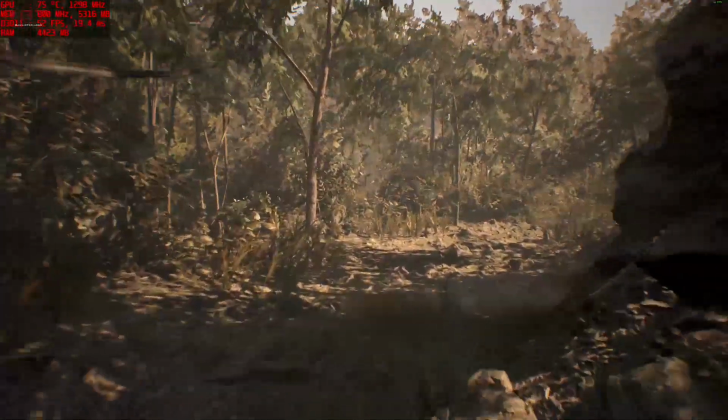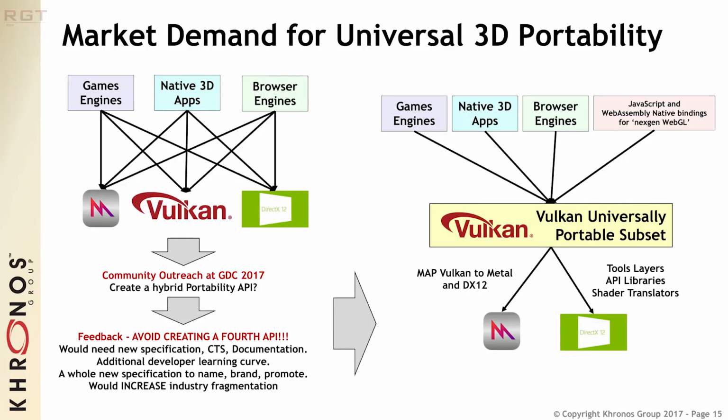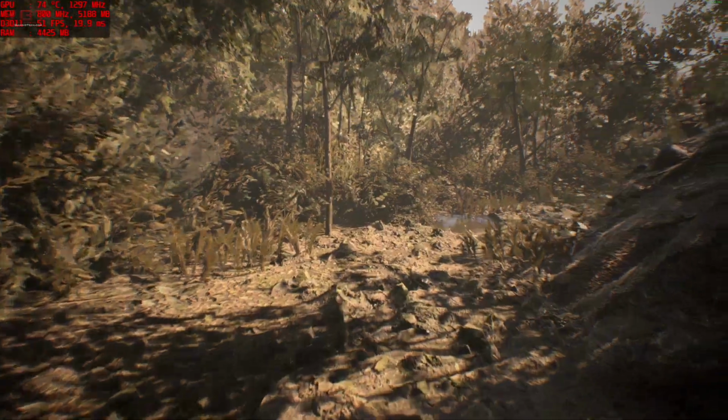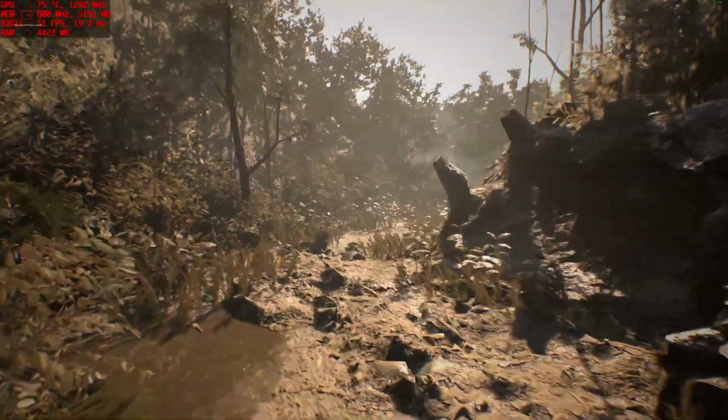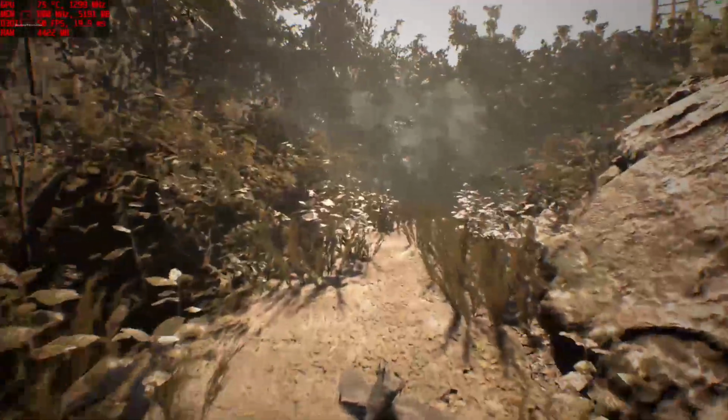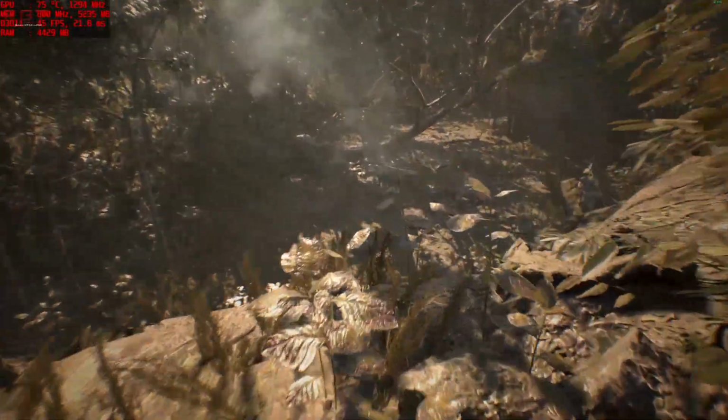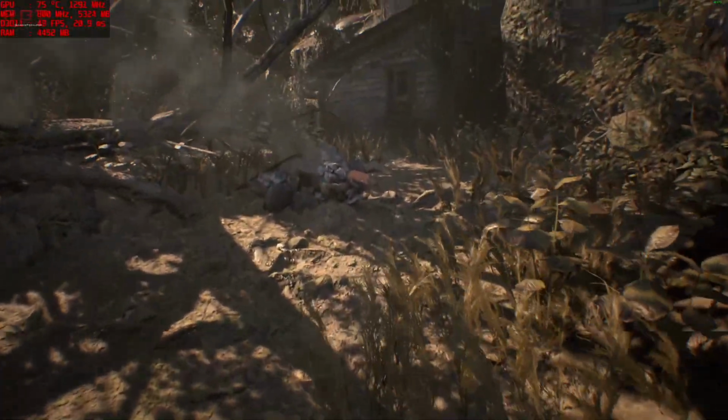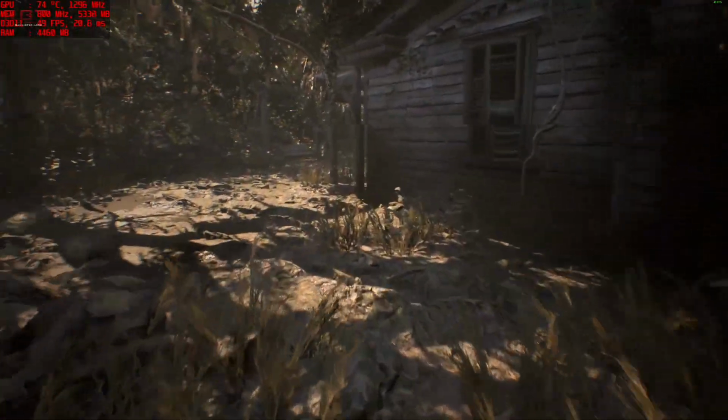You could easily bring a game over from DX12 to Vulkan, and in fact, we're trying to make that even easier. One of the projects we have going is what we're calling the Vulkan Portability Initiative. I had spotted it. Yeah, and that's addressing exactly that issue.